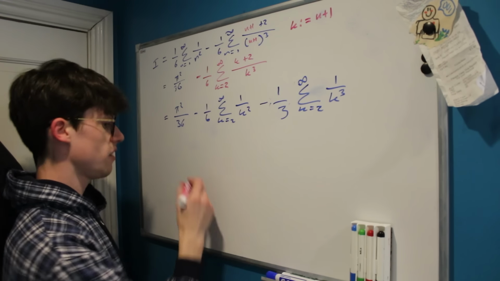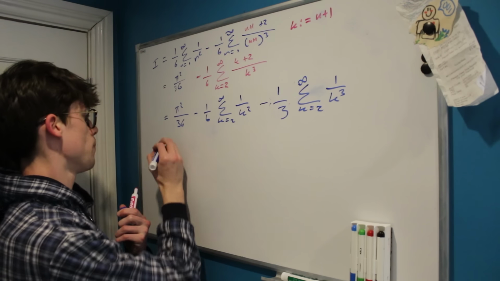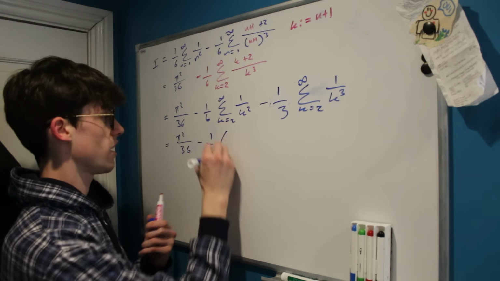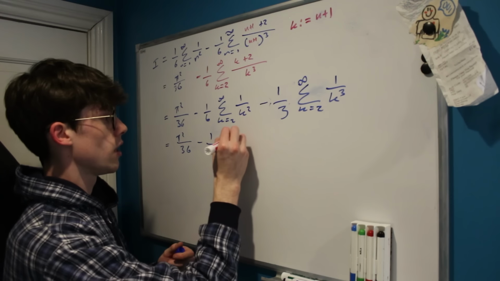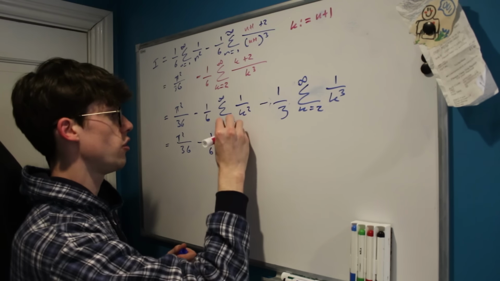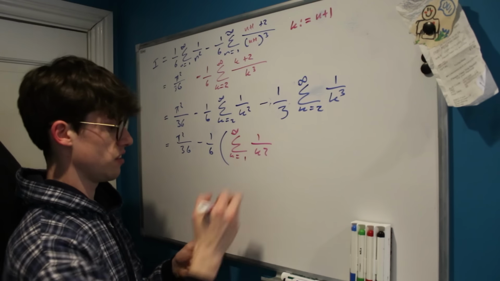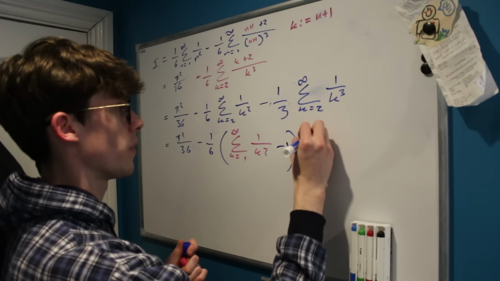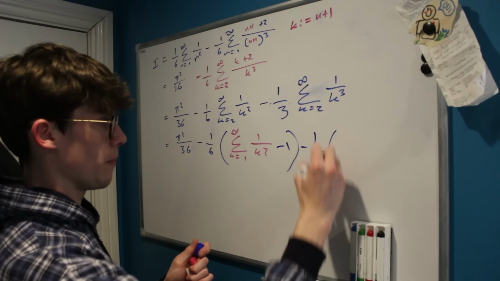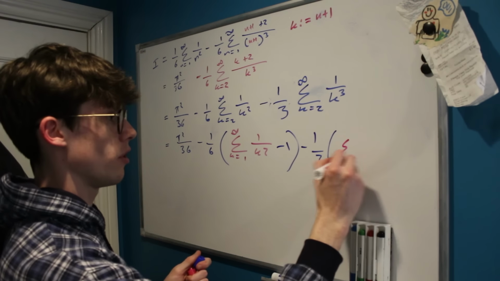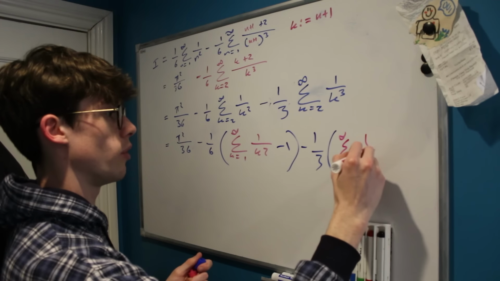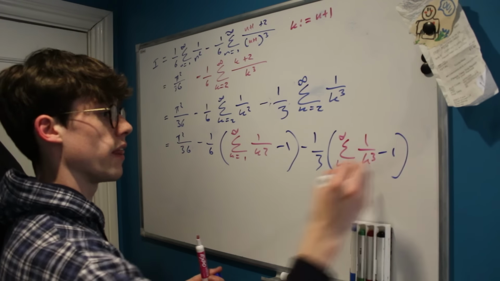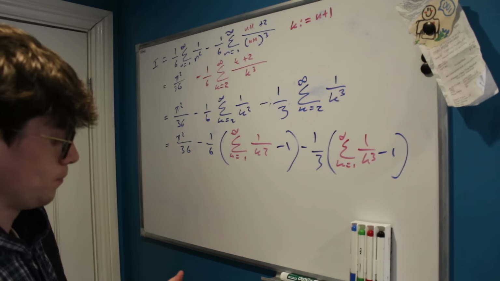So let's rewrite this. What we're looking at is pi squared over 36 minus 1 over 6 times the sum from k equals 1 to infinity of 1 over k squared, but minus that 1 that we don't want. And again, over here, we're looking at the sum from k equals 1 to infinity of 1 over k cubed minus that 1 that we don't want.